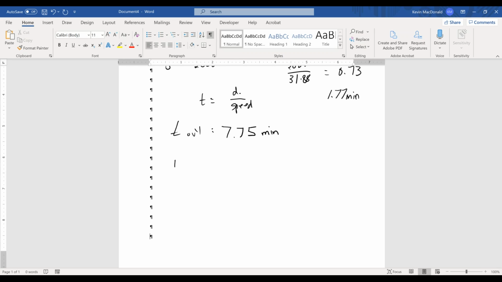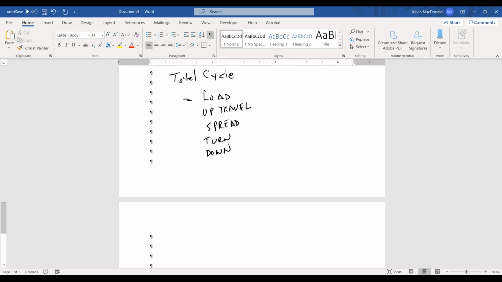So our total cycle, we just sum up all of our times, is equal to the load time, the up travel, spread, turn, a down travel, and another turn. So the load time, we can look that up in our table, is 0.8 minutes.